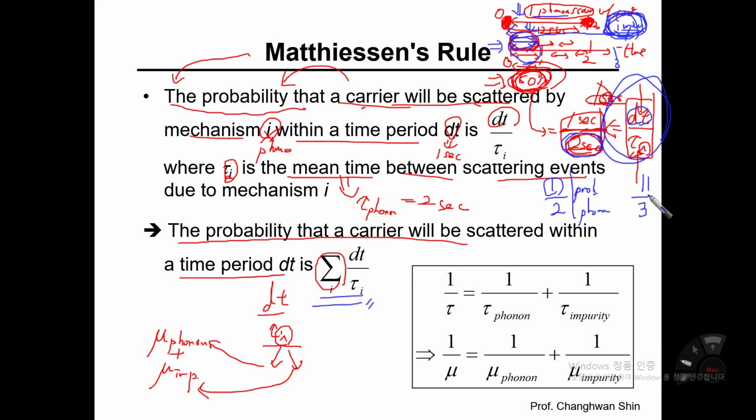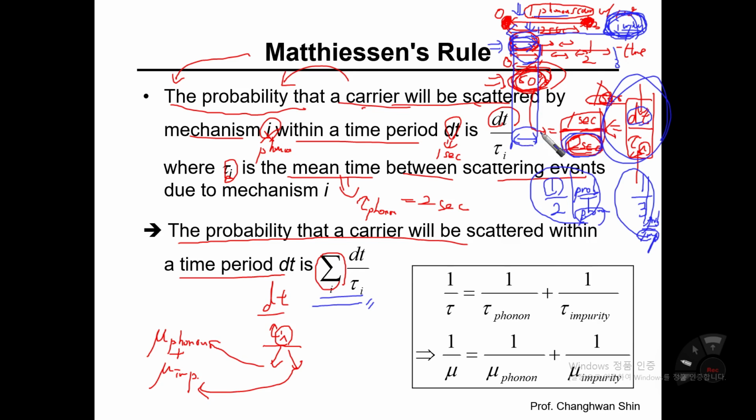So now we estimated two different probability values. For the limited time slot from 0 to 1 second, we have obtained two different probability values. One is mainly caused by phonon scattering, the other one is mainly caused by impurity scattering.